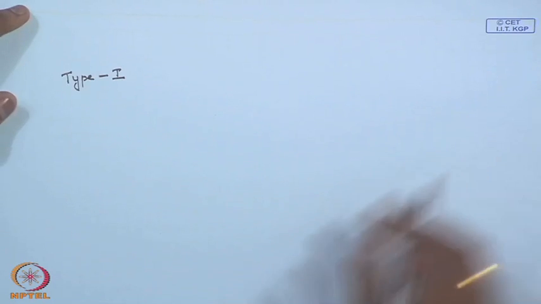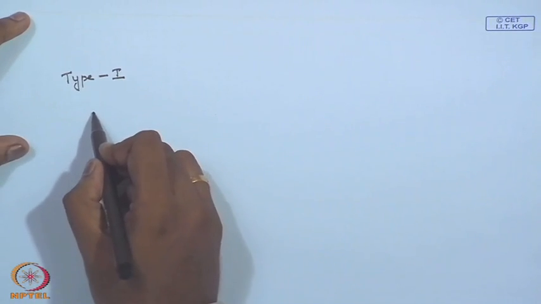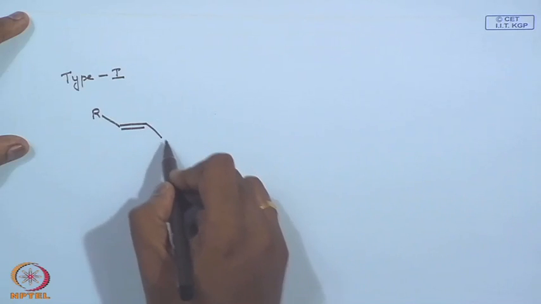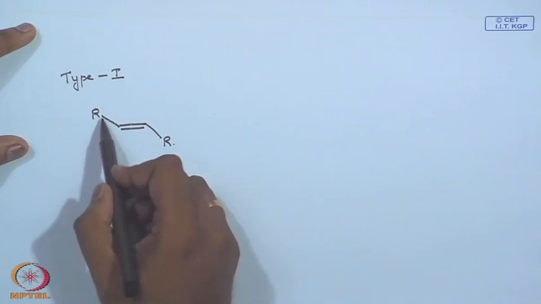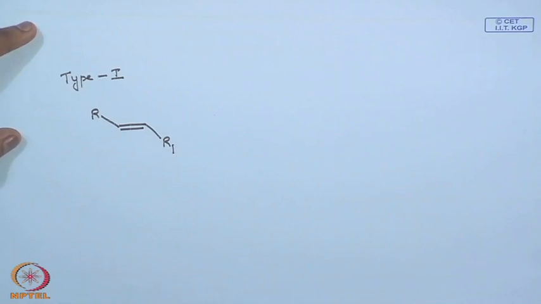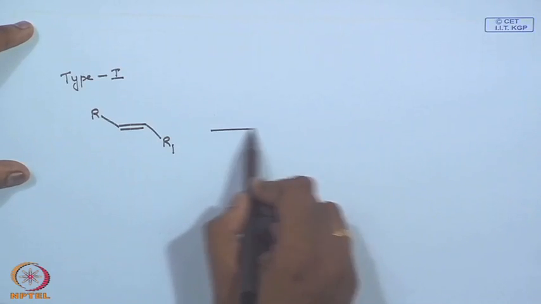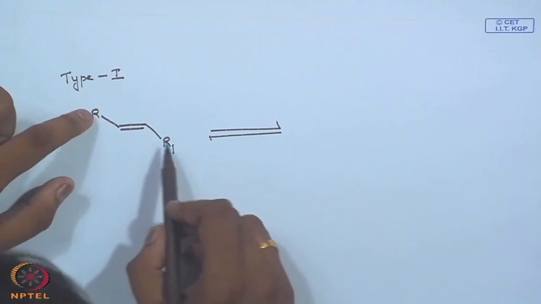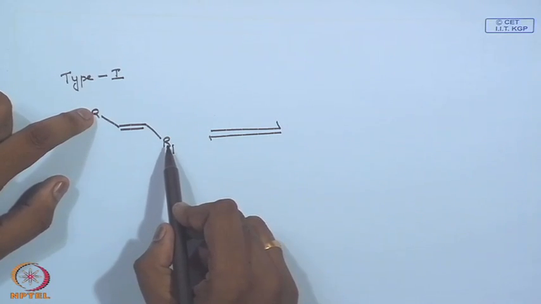For type 1, we will take a simple example. You have an alkene, with R and R1. I do a reaction on this. These are my two migrating groups.